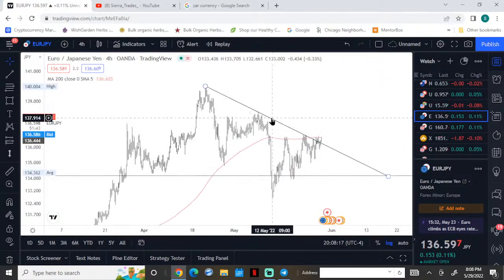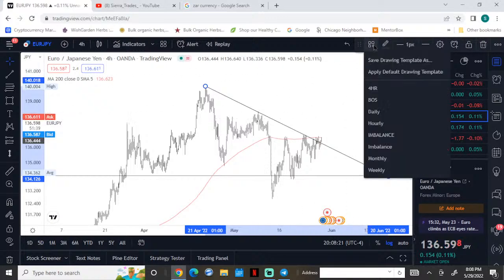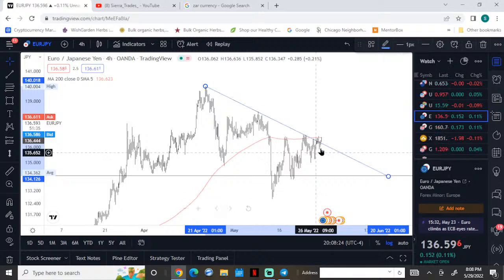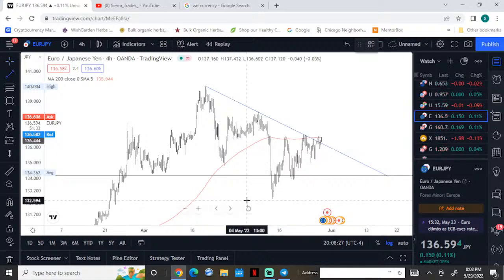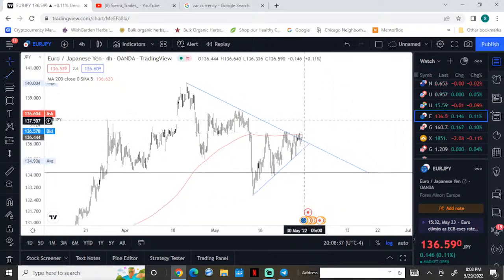Look at that. Beautiful, beautiful. Changes color to the 4-hour. And I see another trend line right here. Success.